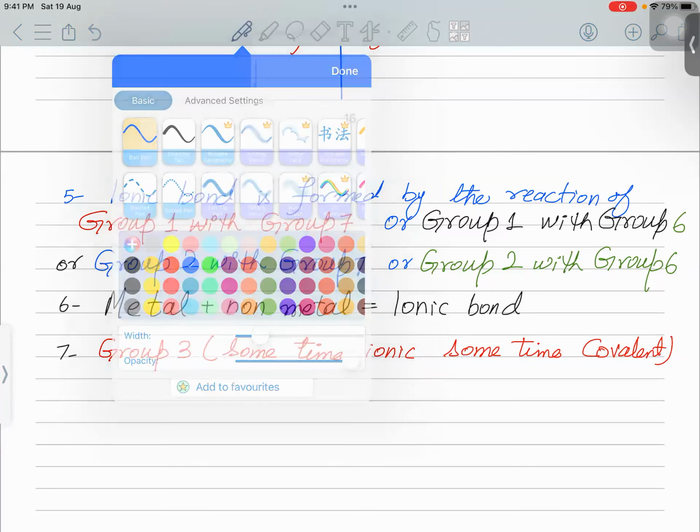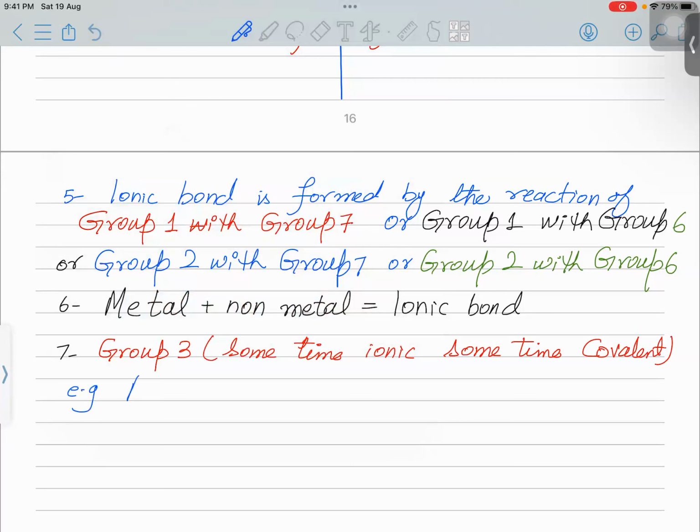For example, AlCl3 is covalent and Al2O3 is ionic. So we have to memorize.